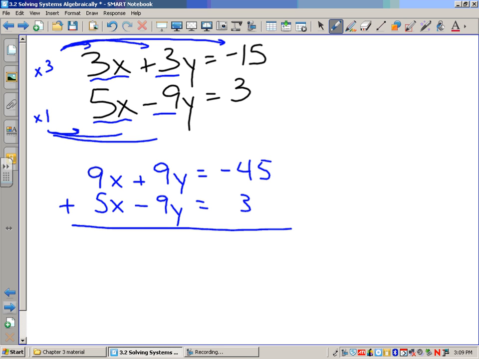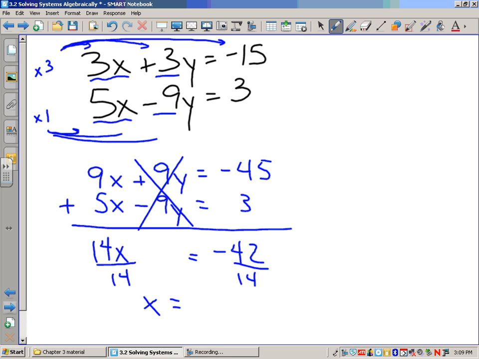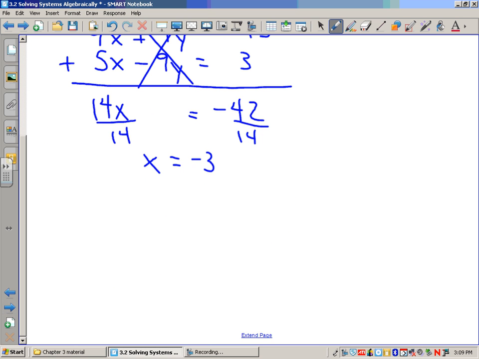You add: 9x plus 5x is 14x. 9y and a minus 9y goes away because they're opposites, equals negative 42. Solve, divide by 14, you get negative 3. Again, that is one part of your ordered pair. This time it's the x spot because this is my x, this is my y.